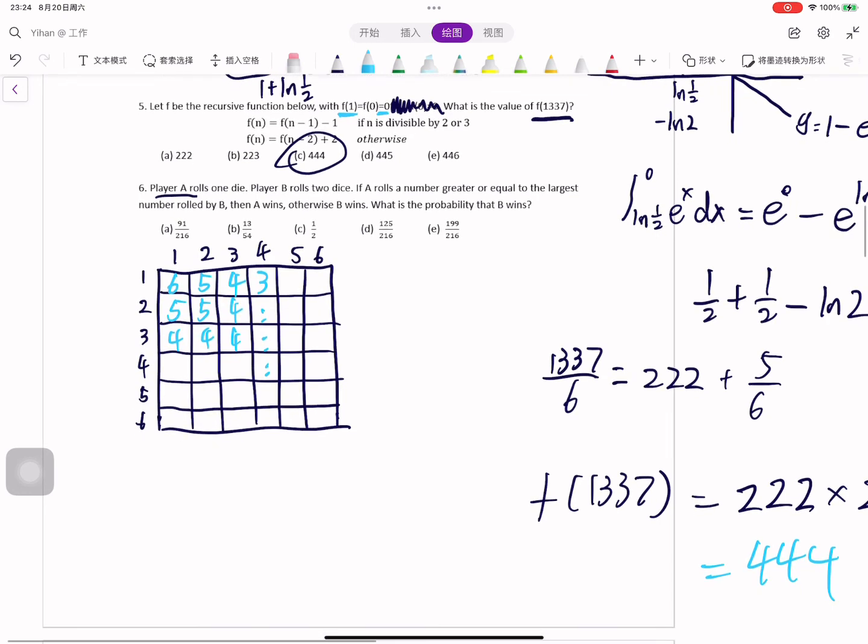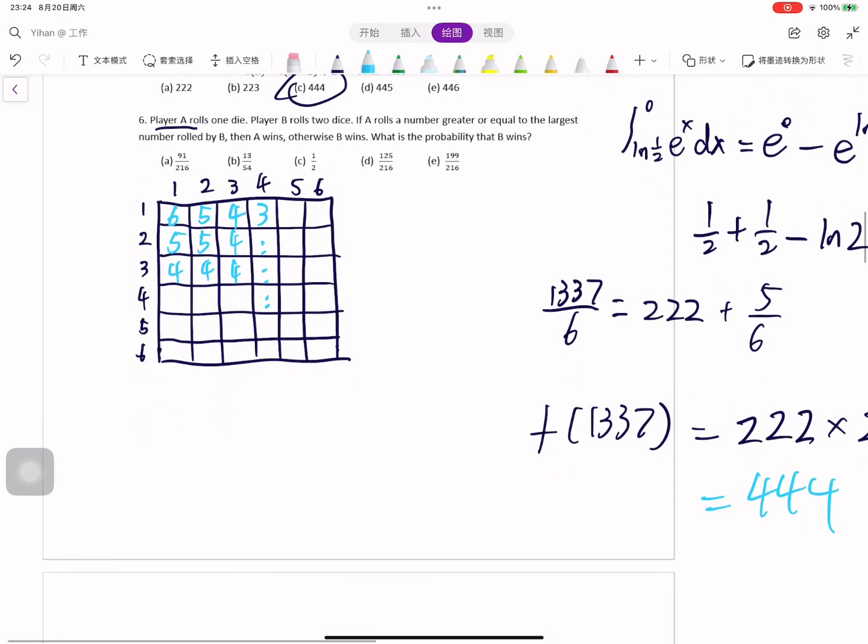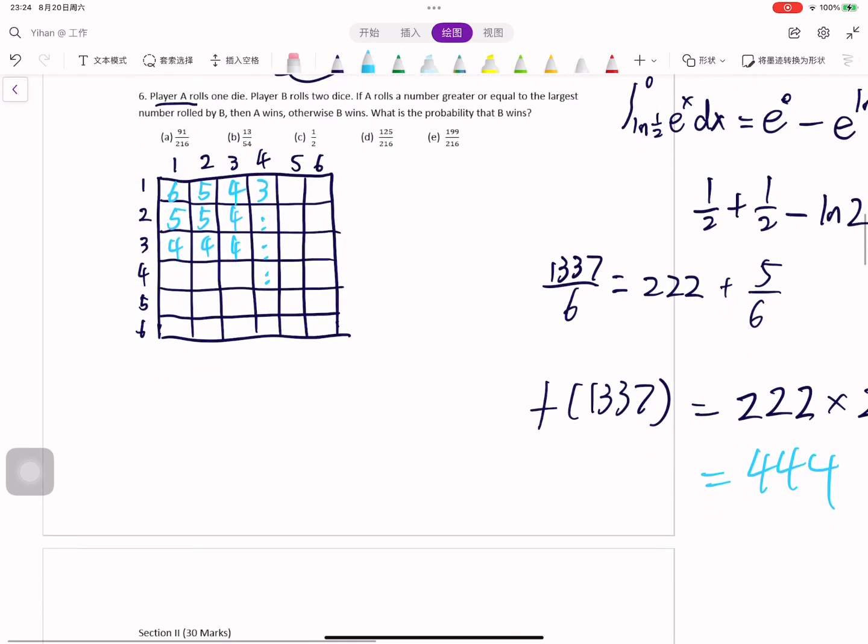And now we can calculate the total number of situations that player A will win, and we can use 1 minus it to find the final possibility. And I calculate them for you.